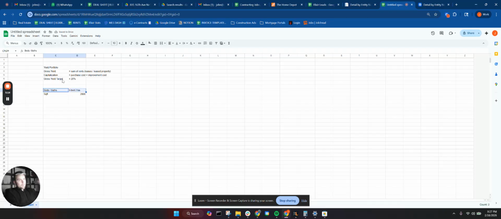So with this property, we need the beds, bath, square footage, and then we can have rents right here. So it's a duplex. So we just say unit 1, unit 2. Unit 1 was bigger, so we were anticipating like 925 in rent.